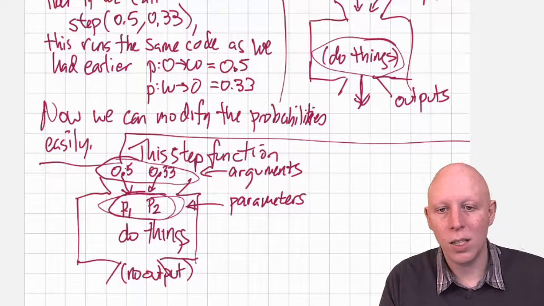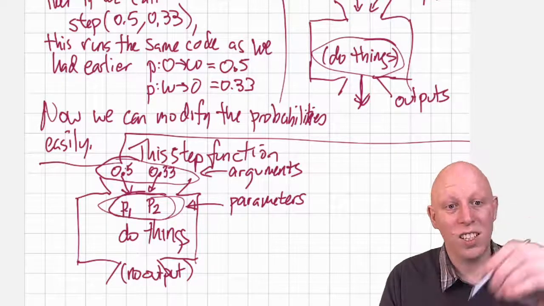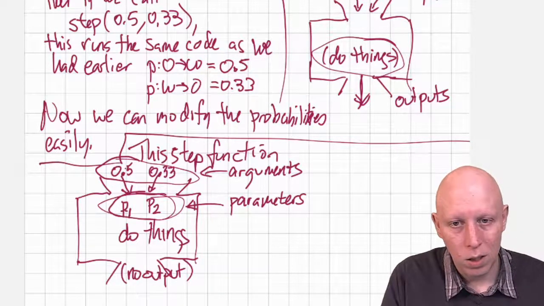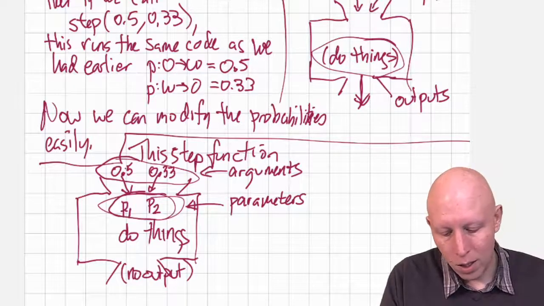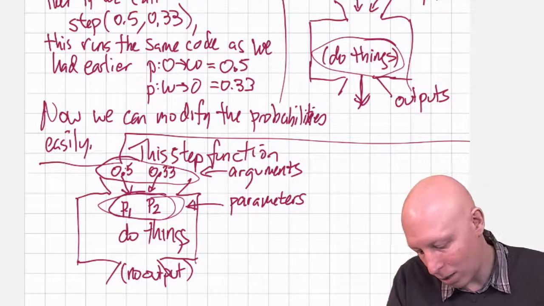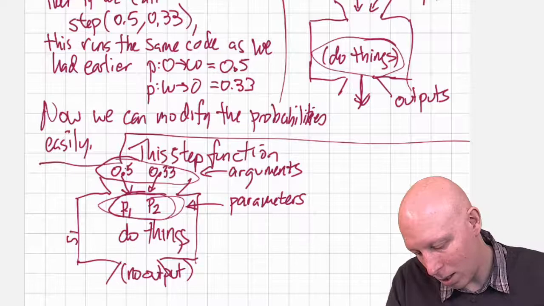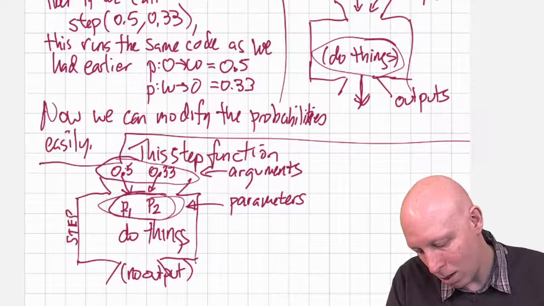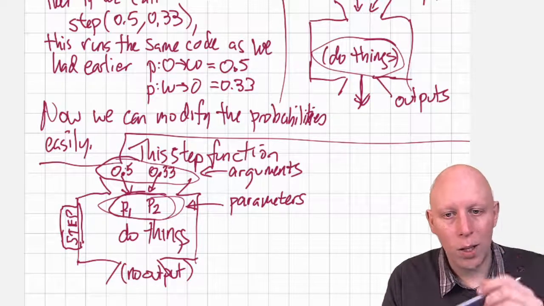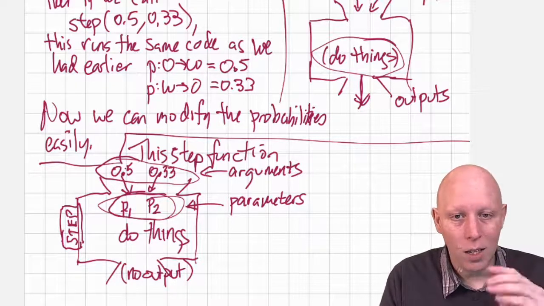This function doesn't give any output. It just does things based on the inputs. So this is what step looks like. Step is the name of the function. It takes in two inputs, and it does things, and it doesn't give any outputs.